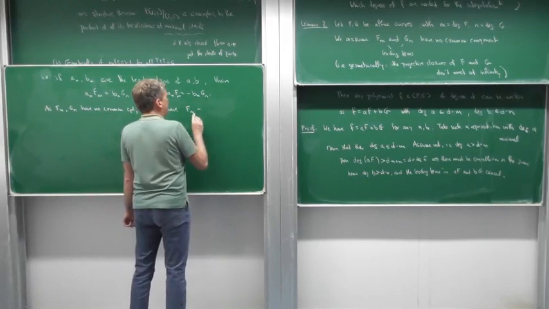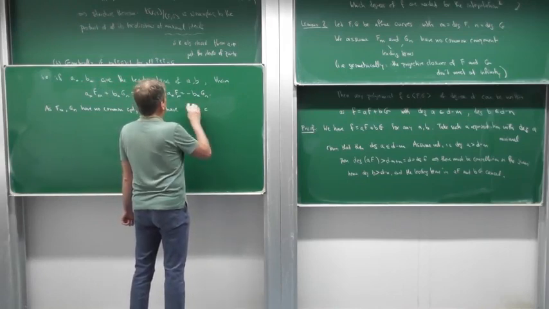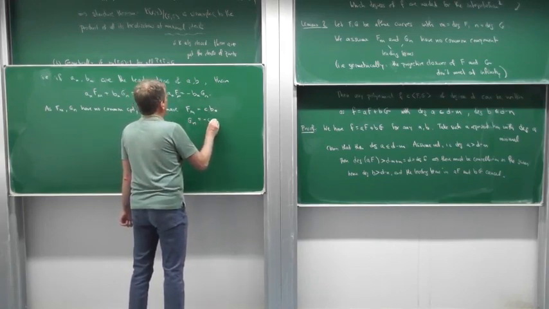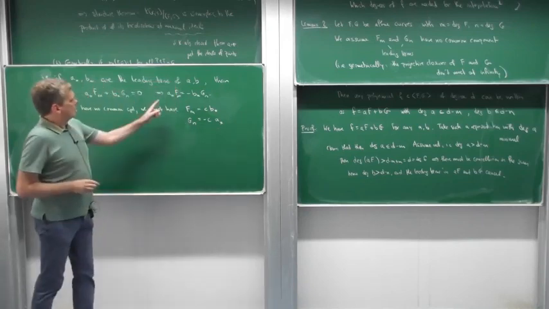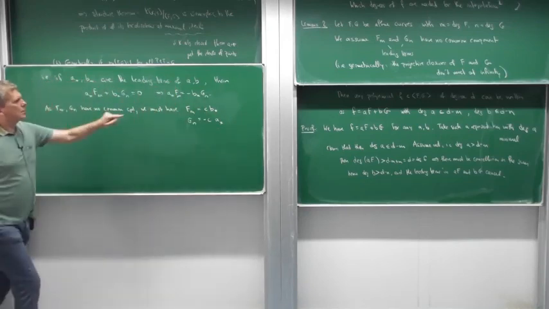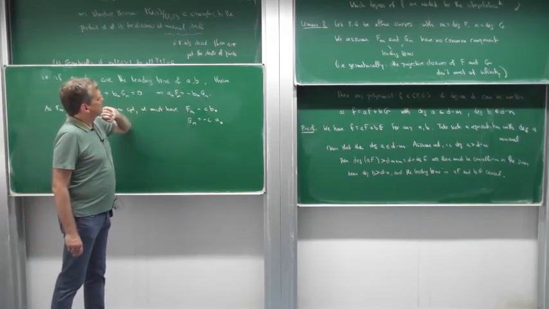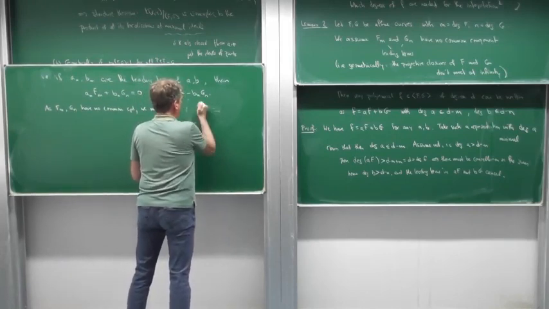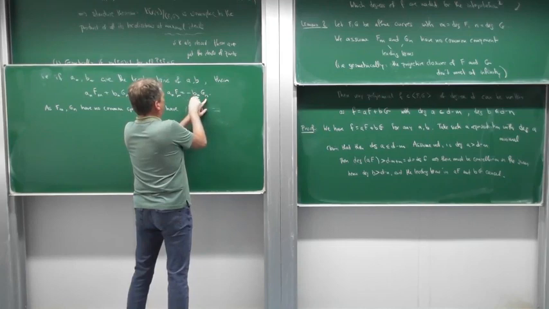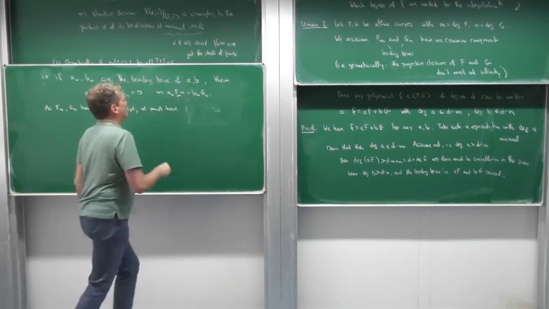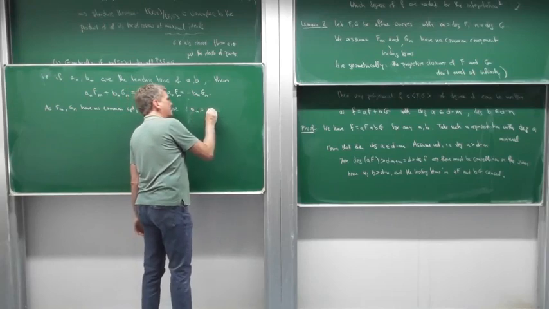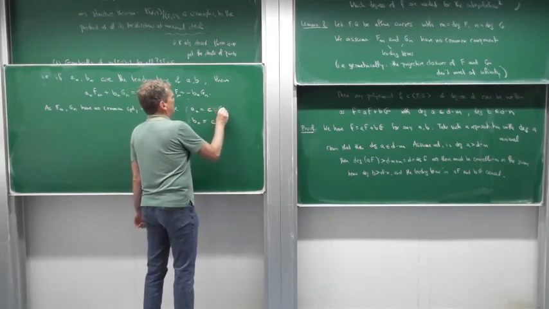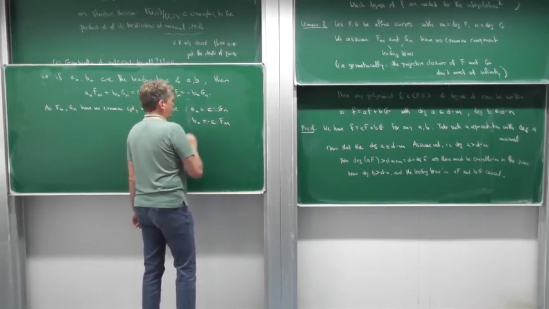So Fm must be of the form C times B star, and Gn must be of the form minus C times A star. What is it? All the factors of Fm are in B star, but we don't know anything about A star and B star, so they can have common components. And then we must have a minus.